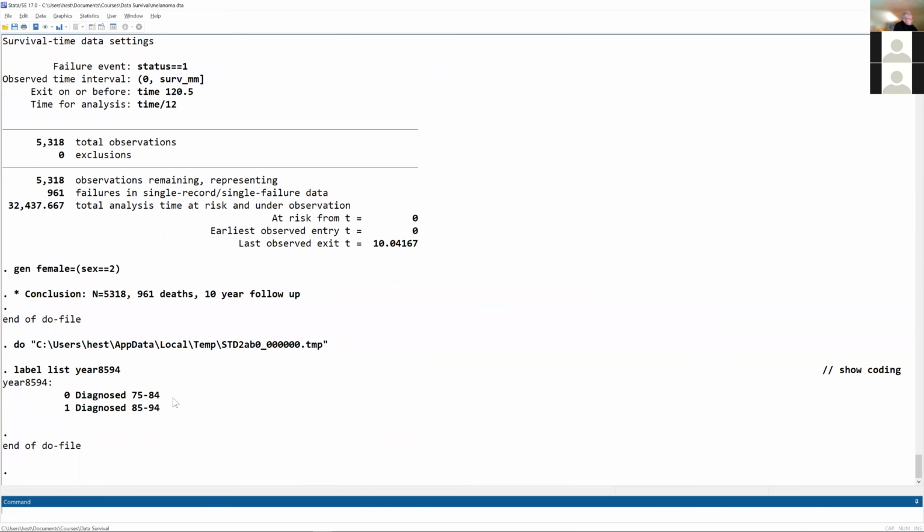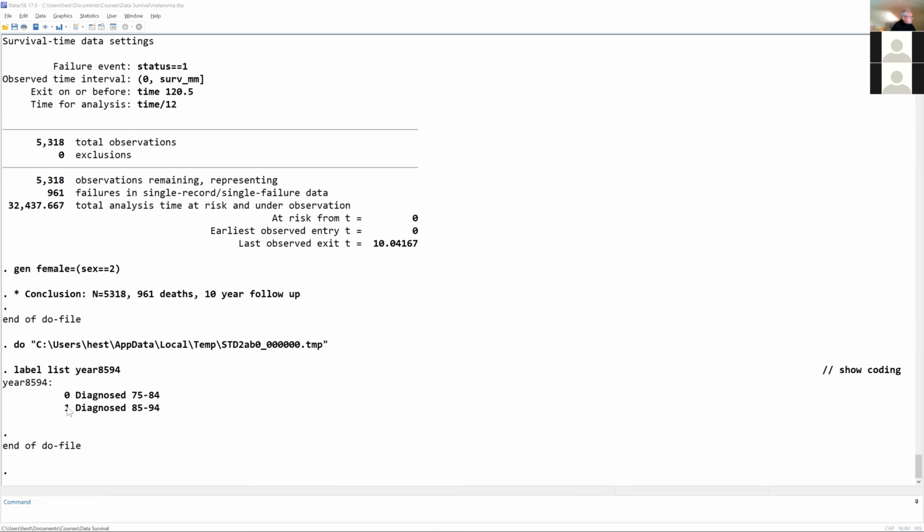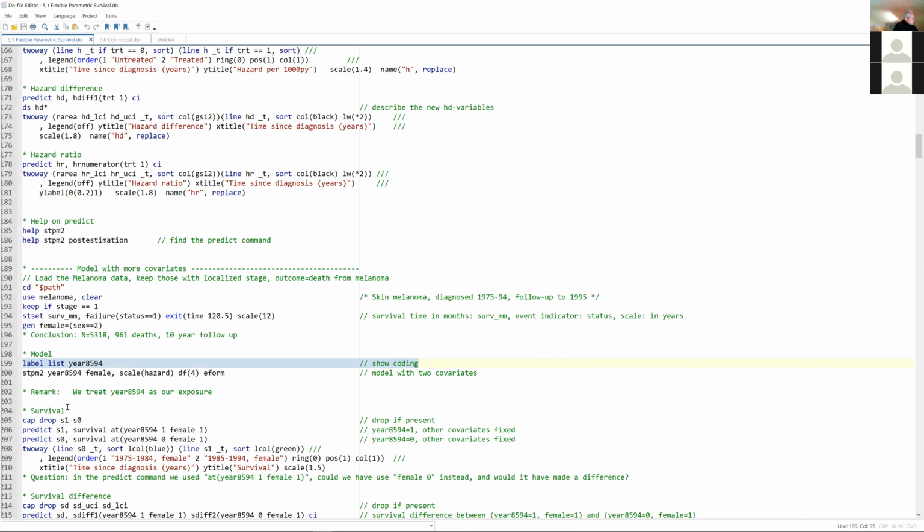So people who are diagnosed before 1984 have the value 0. Those diagnosed later have the value 1. And we're interested in how the survival depends on when you are diagnosed in calendar time. We also adjust for sex, use scale hazard and 4 degrees of freedom just for fun this time for the baseline hazard.